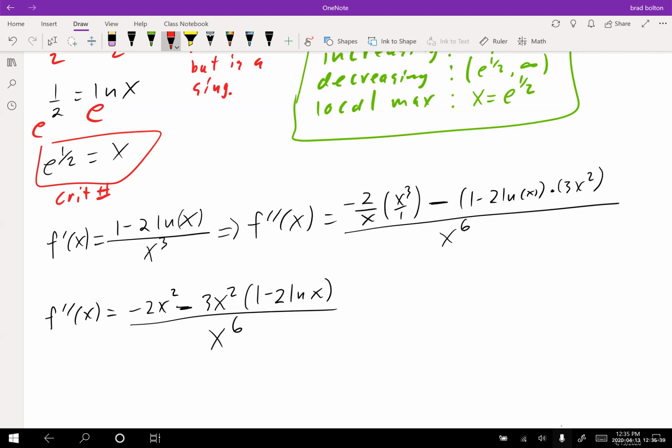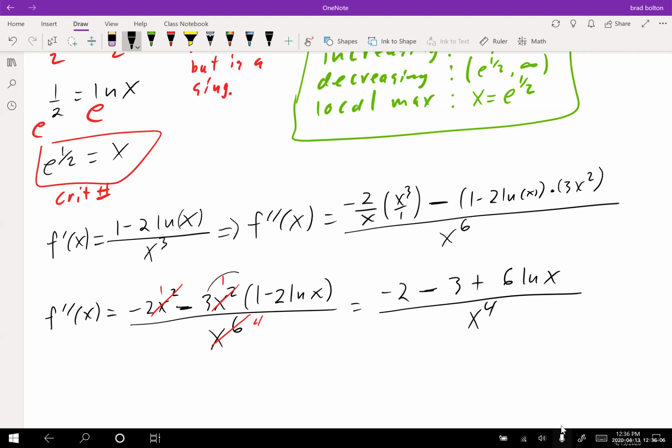So then I'm going to factor out an x squared and cancel it. So this will become 1 and 1, and this will become 4. So what I'm left with is -2 minus 3 plus 6 ln of x all over x to the 4th.